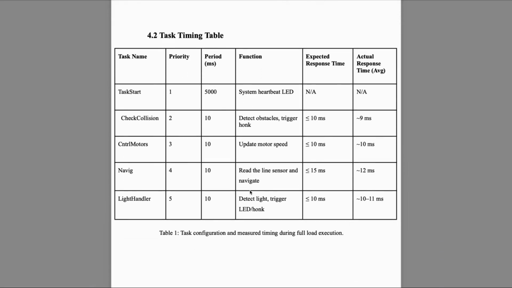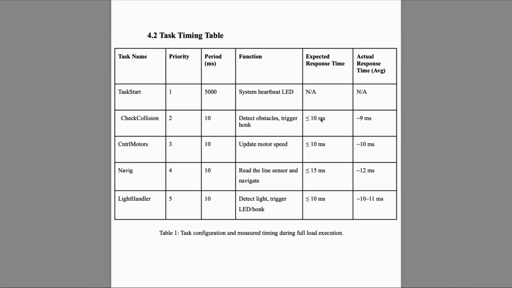The task timing table shows the configuration and the measured timing during full load execution. Initially, the first priority was set for task start, which had the function for the heartbeat of the system, which enables the LEDs. The check collision has the second priority, which had a period of 10 milliseconds. Its task was to detect obstacles and trigger the honk.